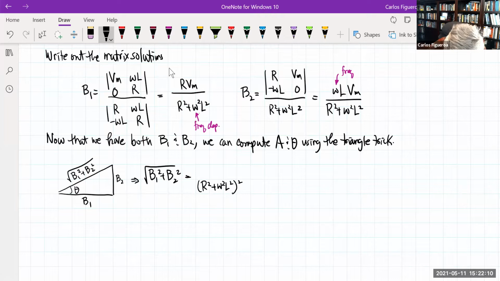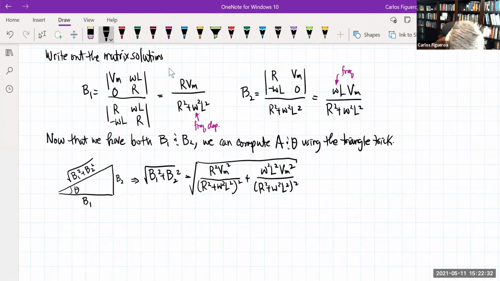Right, this is squared. And this guy's going to be r squared, Vm squared. And then I take B2. So I'm going to get the exact same thing in the denominator. And then the top here is going to be omega squared L squared Vm squared. And then, of course, I take the square root.